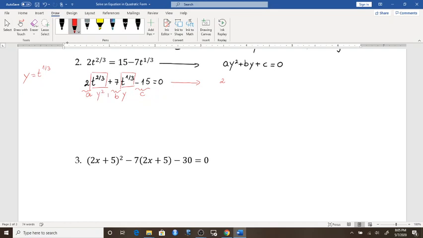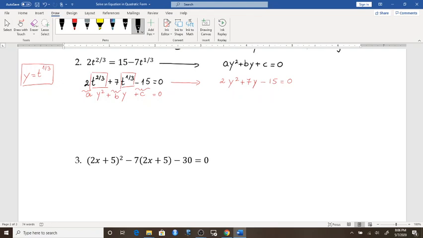So now we have ay squared plus by plus c equal to 0, which in our case is going to be 2y squared, b is 7, so plus 7y, and then minus 15 equal to 0. So at this point we need to solve this quadratic equation in y. Once we find the two values for y, we plug them back into this original substitution, and we can solve for t. So this is the process.